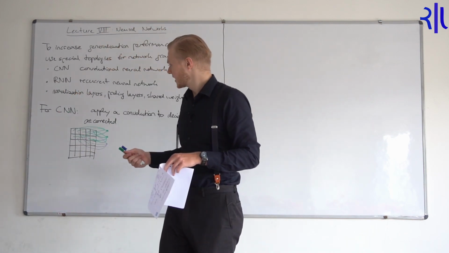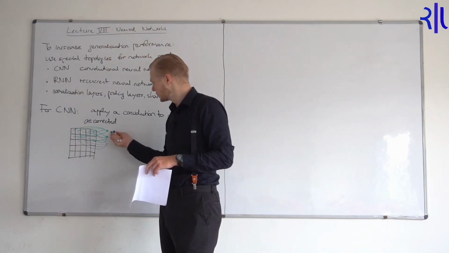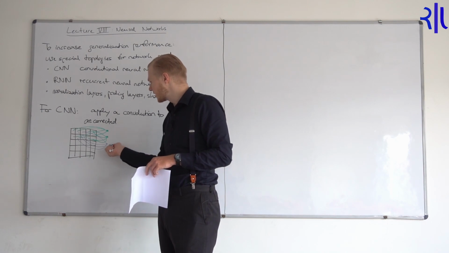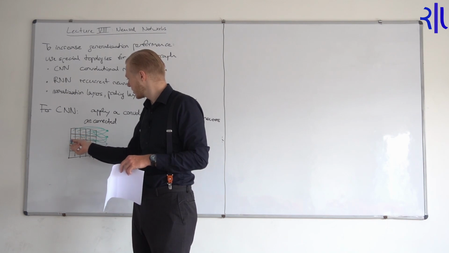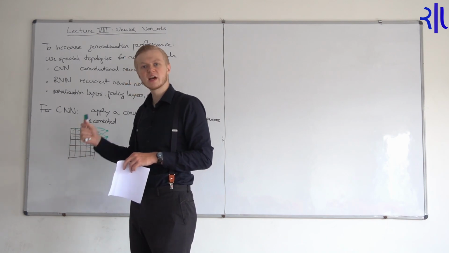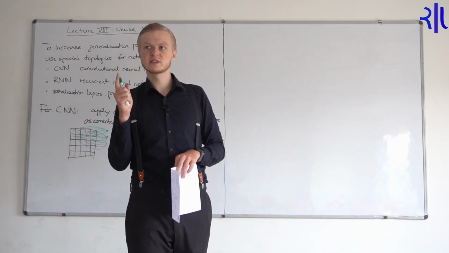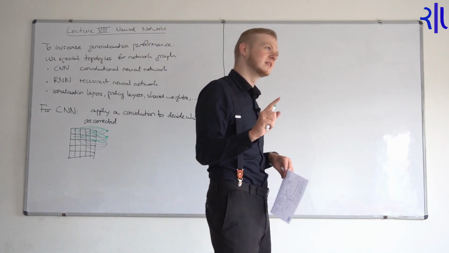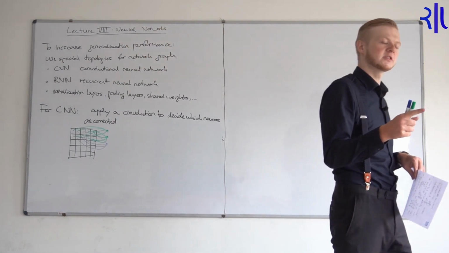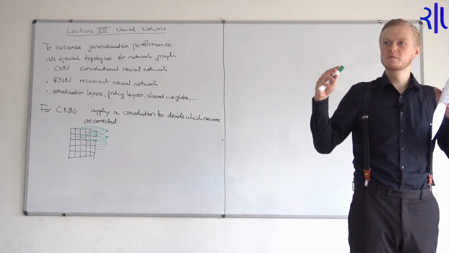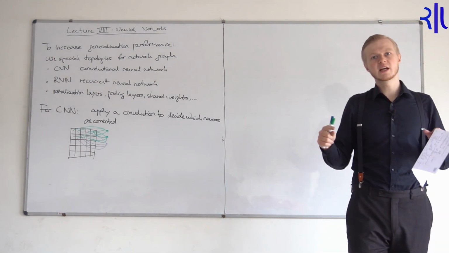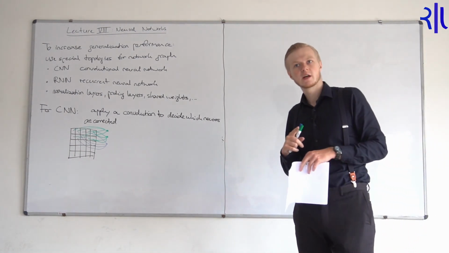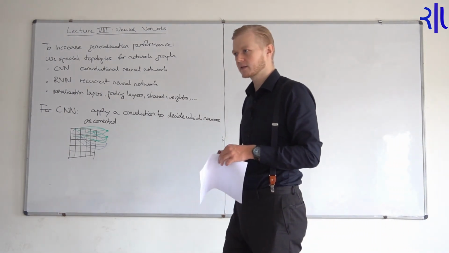It means if this neuron here detected the edge, but this didn't, then a pooling of this region would tell you, yeah, there is an edge. It doesn't tell you where exactly the edge is, but it tells you that somewhere there was an edge. In this whole region, if there's at least one edge, then the pooling would be activated.